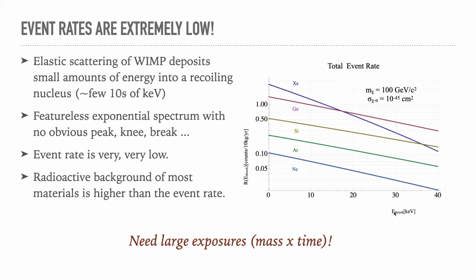I have a whole series of slides talking about how we have to think about materials and the lengths we go to in order to characterize them. So we need large exposures, that's mass times time, and we need stable detectors, right? Your detector can't be going down or changing its calibration every couple of days, that makes it hard.